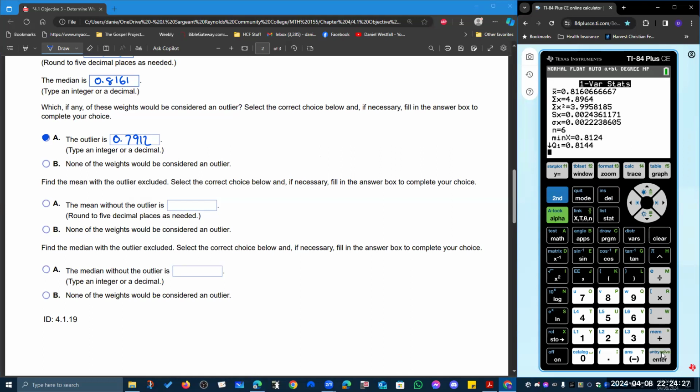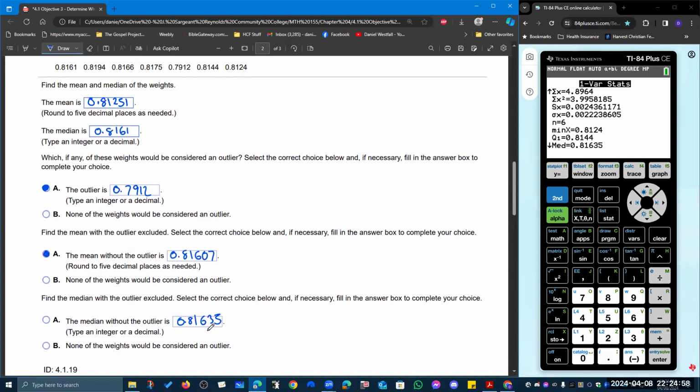The new mean, again to 5 decimal places, is 0.81607, and the new median is 0.81635. See how much closer the mean and the median are now.